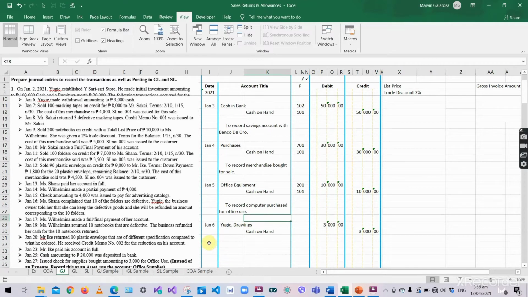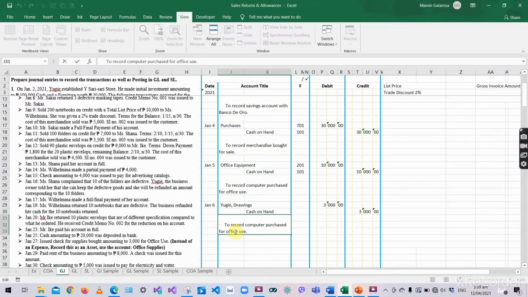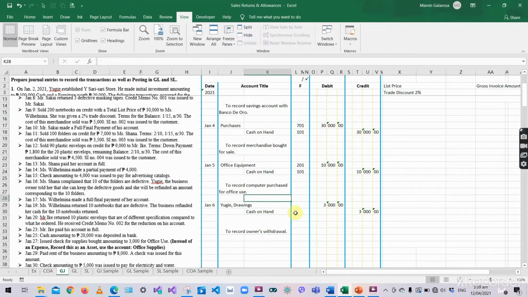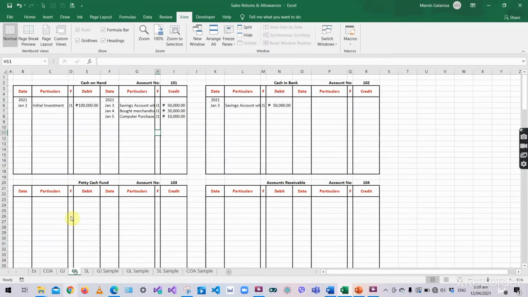Iba tayo tapos sa January 6 pala. Description, to record owner's withdrawal. And then, post natin siya sa ledger. 3,000 na debit sa Yugi Drawings.